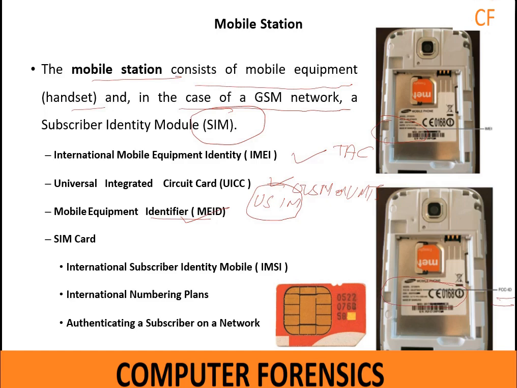Investigators can enter the FCC ID on the FCC website http://transition.fcc.gov/oet/ea/fcc-id. Now, after you enter the FCC ID, you can download a manual for the cell phone.